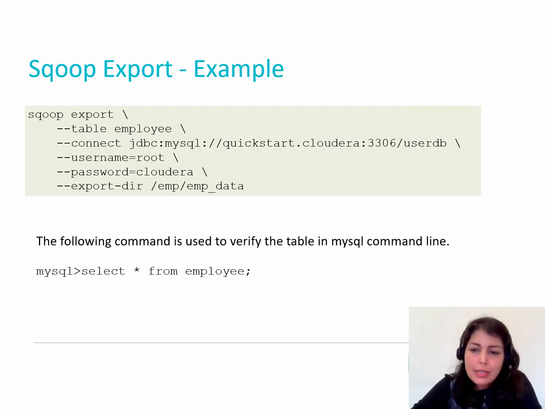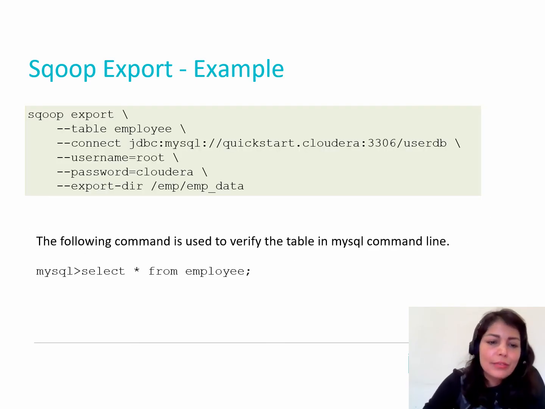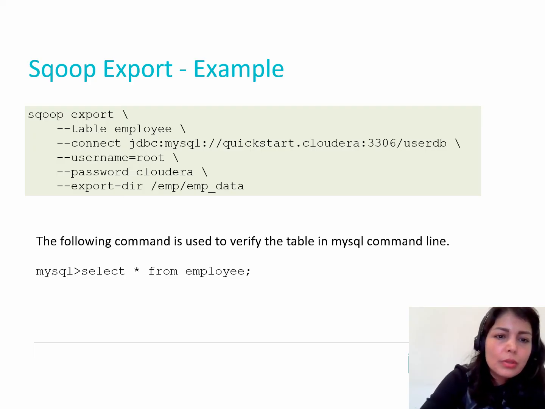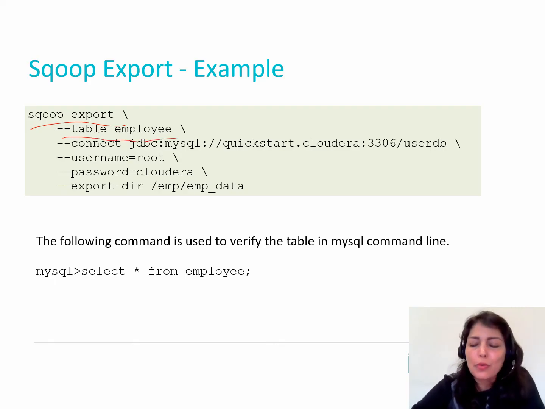So let's see the syntax. We have Sqoop export. This is the name of the table that we want to transfer data to. The name of the table is employee, as I explained. If it doesn't exist, we have to create it manually.